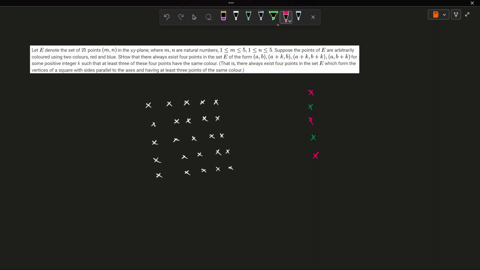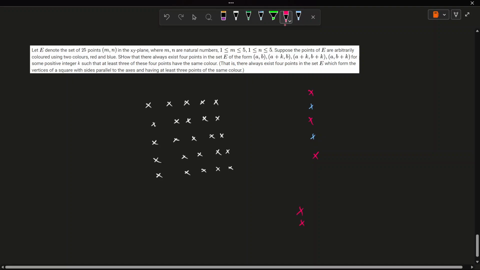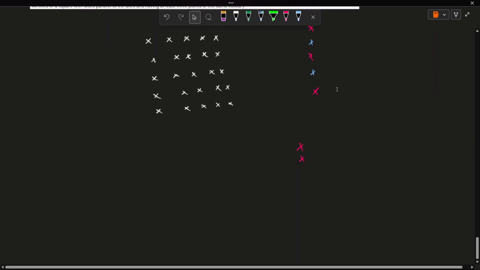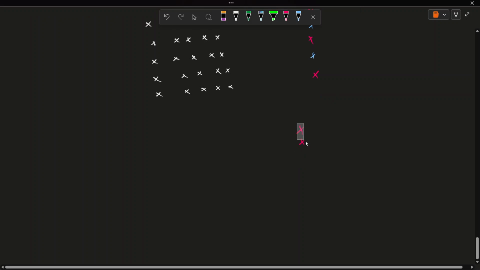We are assuming that red and blue are the two colors, and that there are at least three reds here. So either they are alternatingly arranged like this, or there exist two consecutive reds. First we are solving the two consecutive reds case.